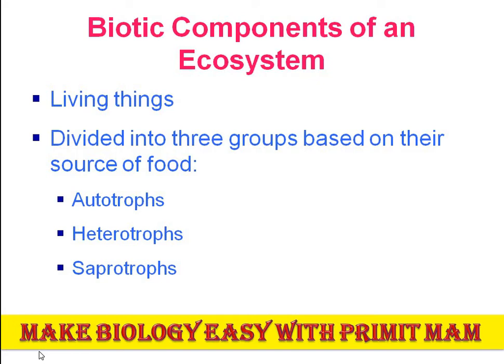The first is autotroph, second is heterotroph, and the third is saprotroph. Autotrophs are also known as producers. Heterotrophs are known as consumers. And saprotrophs are known as decomposers.